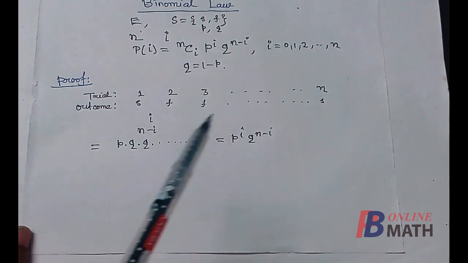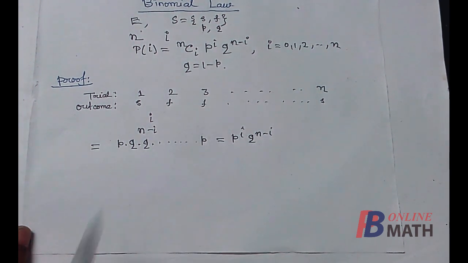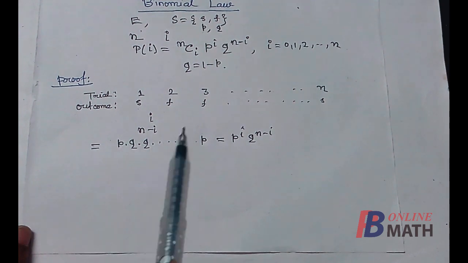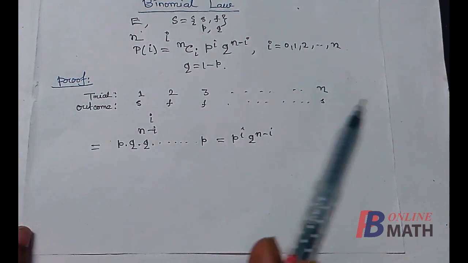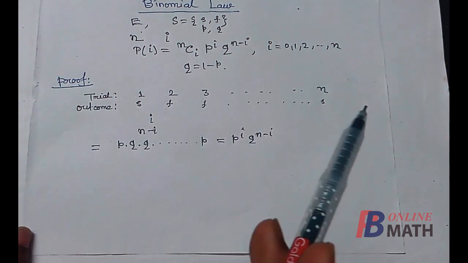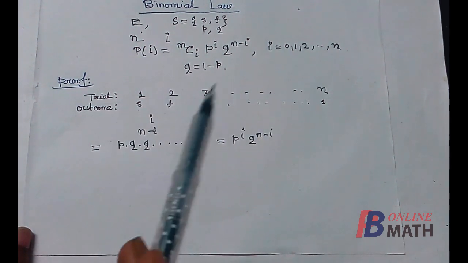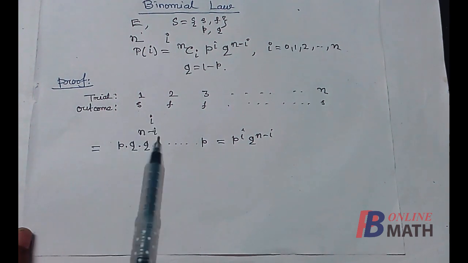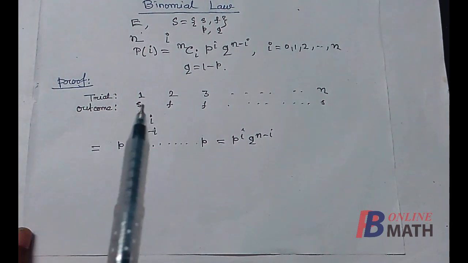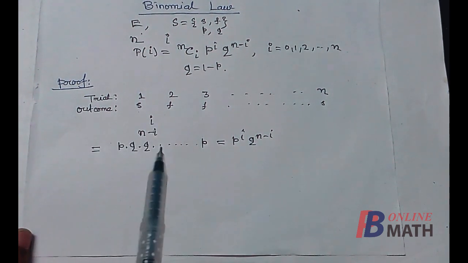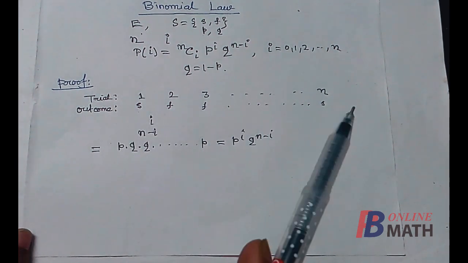Now the question is, how many permutations are possible? We find that there are n number of places, that means n number of trials, out of which I number of successes will happen. So the number of permutations is nothing but the number of ways we can select I number of places out of these n number of places.